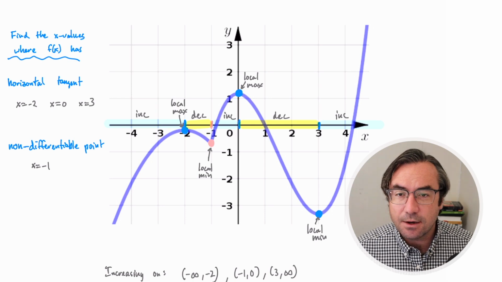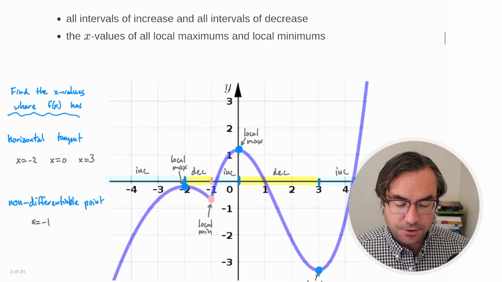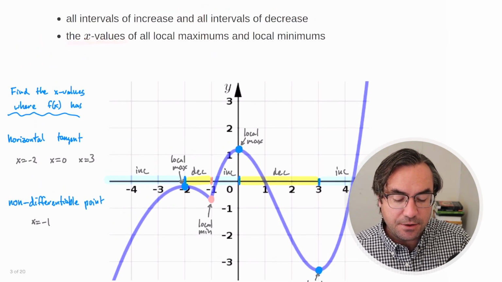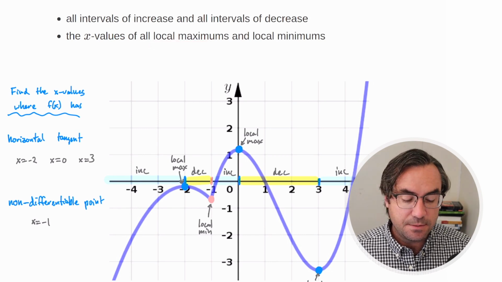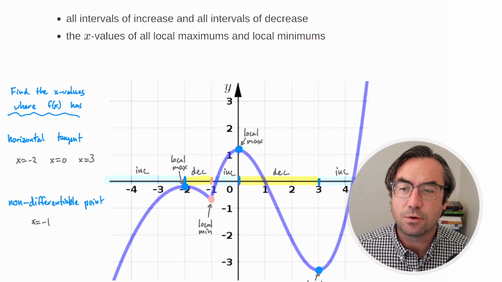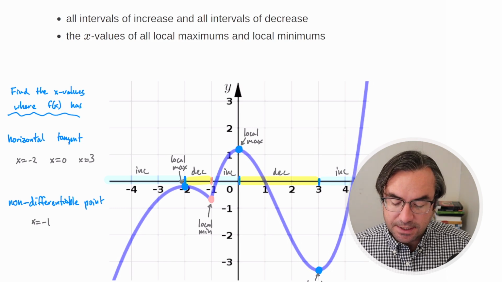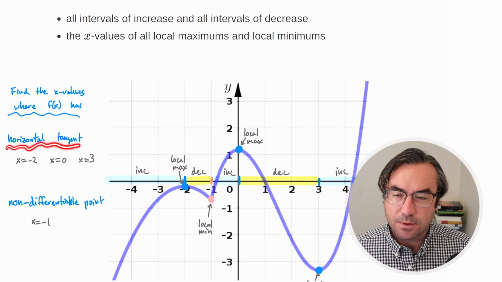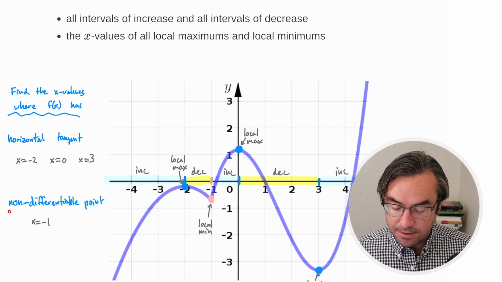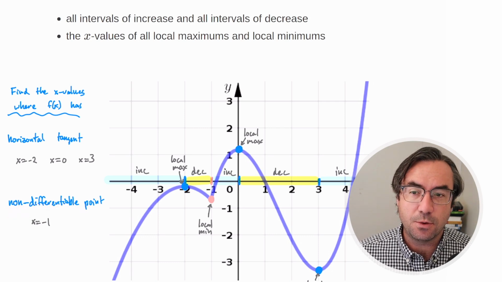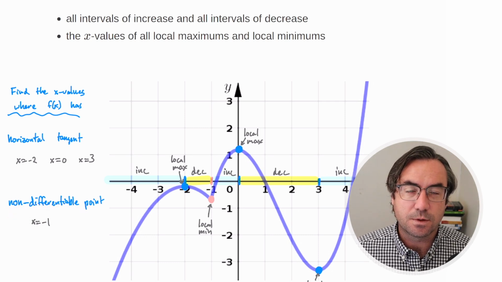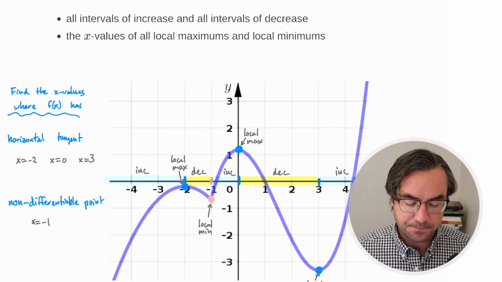So let's make sure we answer the question, what are the x values where we have a local max, and what are the x values where we have a local min? And what we're going to see is it's not a coincidence that the places where we have a horizontal tangent line and places where we have non-differentiable points, well, those are the places where we have mins and maxes.